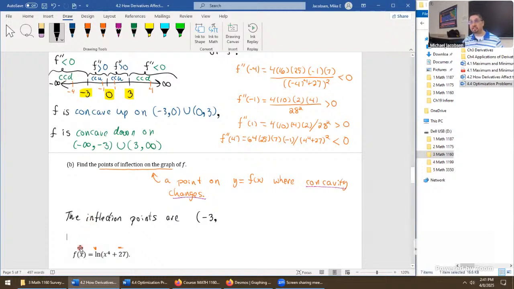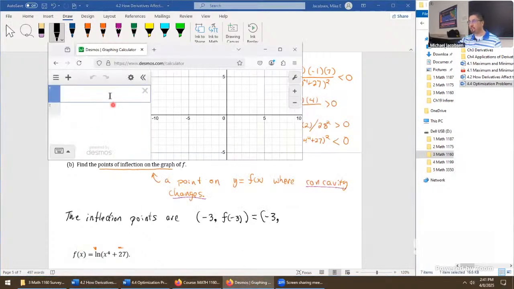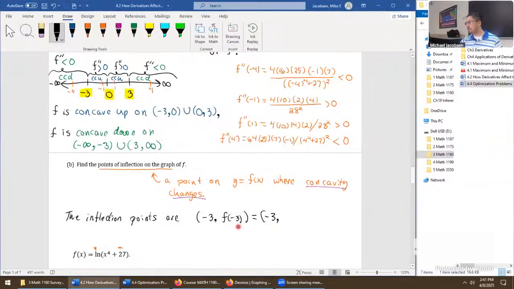So we plug it into that function down below. Let's see what this comes out as. F at -3, let's just make the calculator do the job for us. That's going to be -3 to the power 4 plus 27, so we'd be taking the natural logarithm of 108. So f at -3 is natural log 108. That was through this point right here.